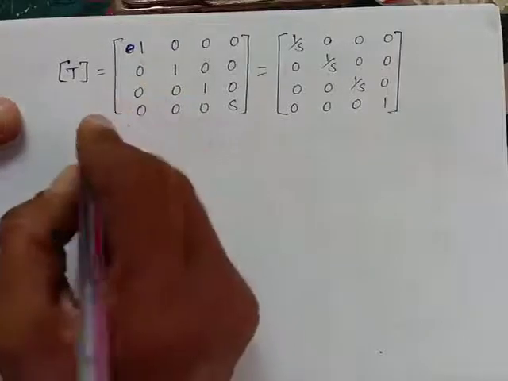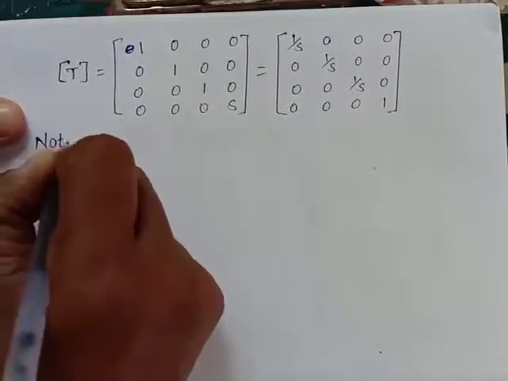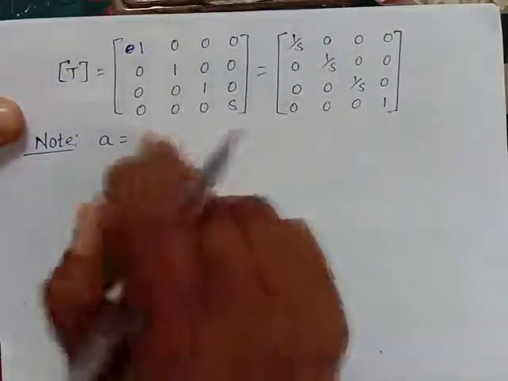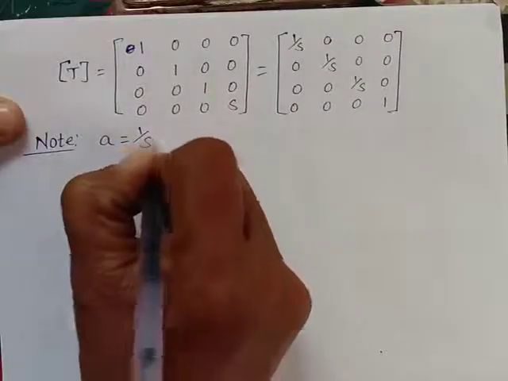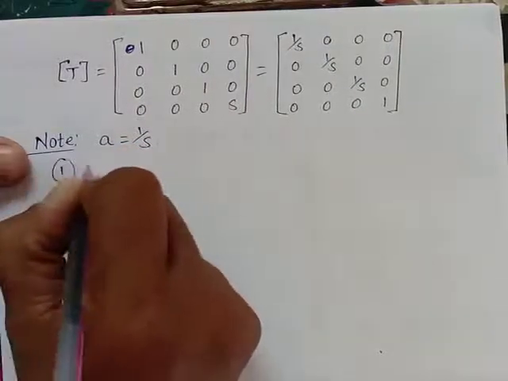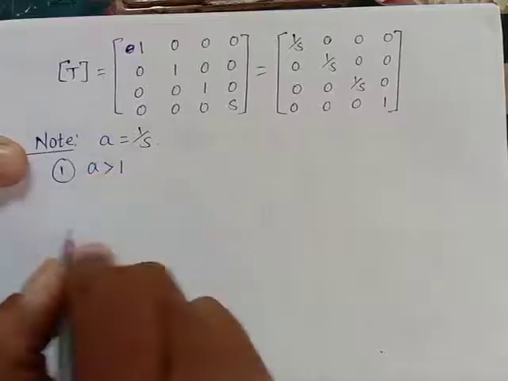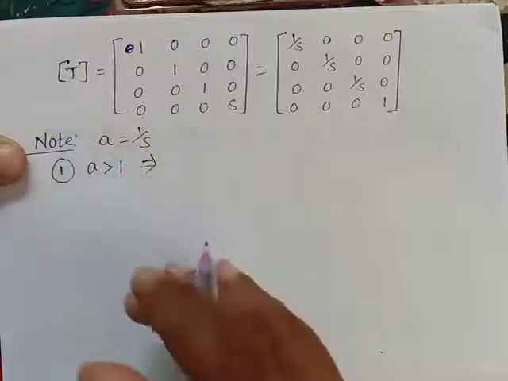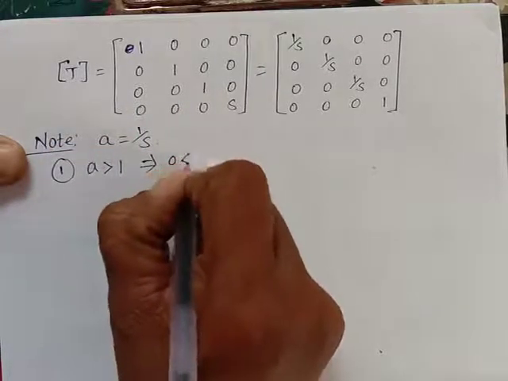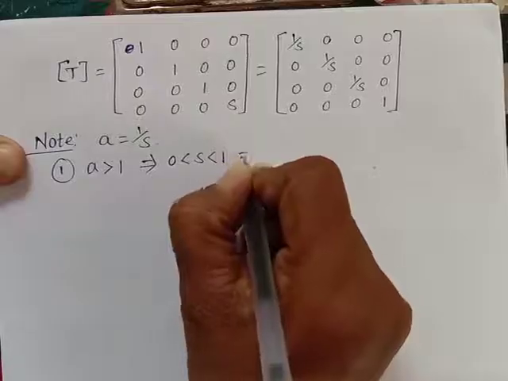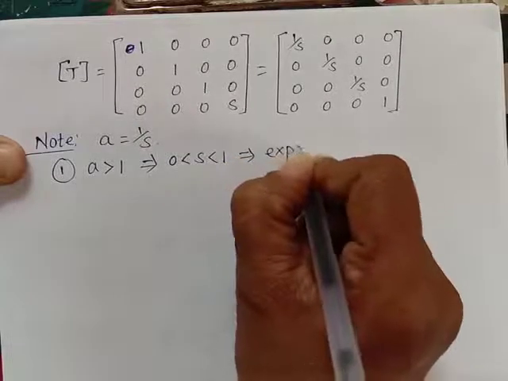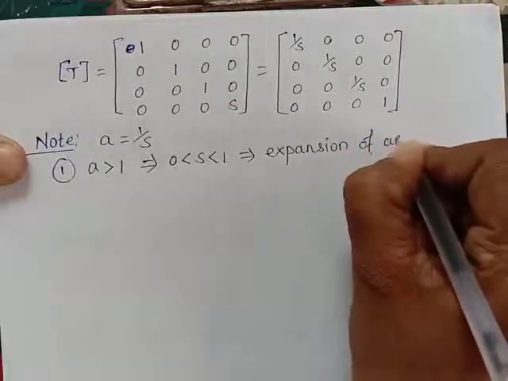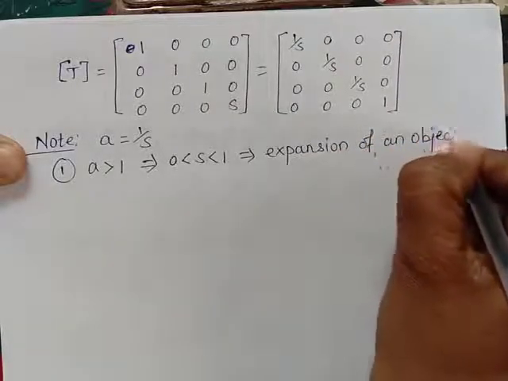So if you observe, we can write a note here. Now if we compare this with uniform scaling, then a is equal to 1 upon S, right? We had written a note: if a is greater than 1, there is an expansion, but if a is greater than 1, then S will be less than 1. So that time S lies between 0 and 1, and expansion of an object occurs.